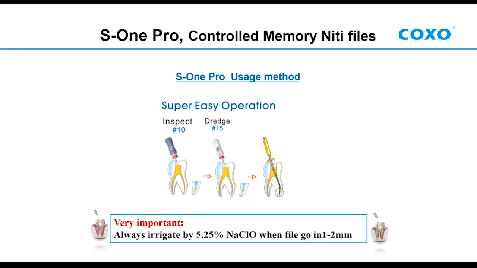First, we also need to use the number 10 hand file and number 15 hand file to detect the root canal, and then use the S1 Pro reciprocation file. But we also recommend you use the open file and puff file before the reciprocation files. That will be more safe.